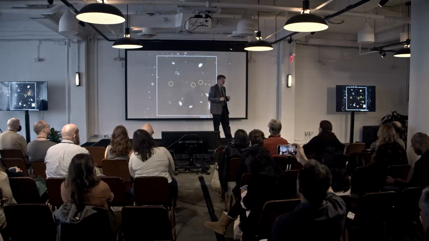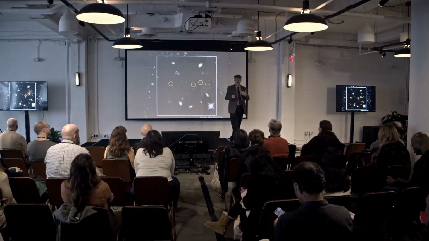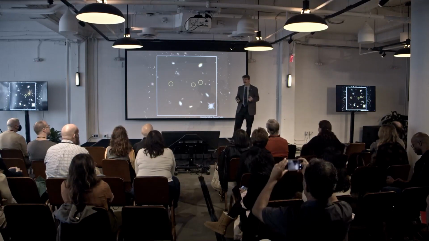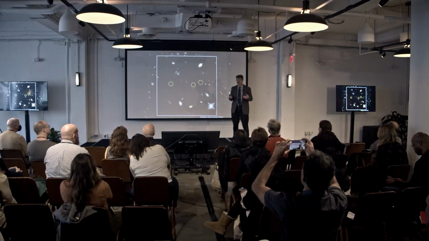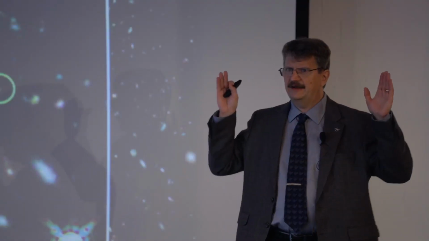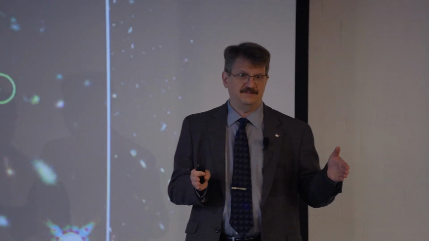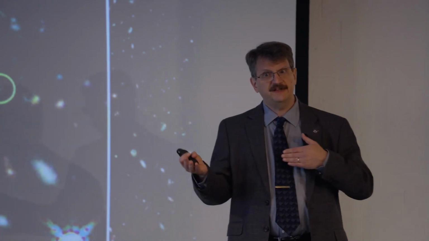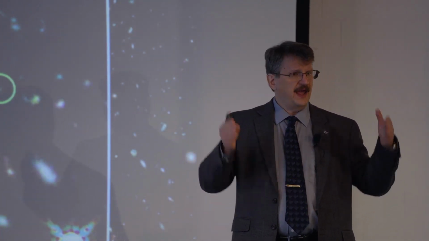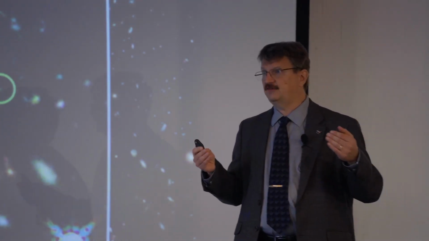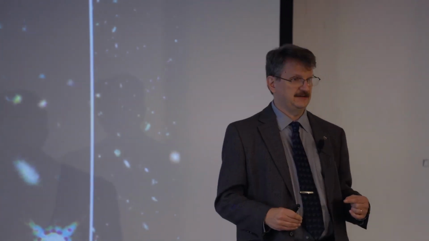But one thing that was really interesting when we study them in more detail is that some of these galaxies are already several 100 million years old. So think about that. Within the first billion years after the Big Bang, we're seeing galaxies that are already several 100 million years old.